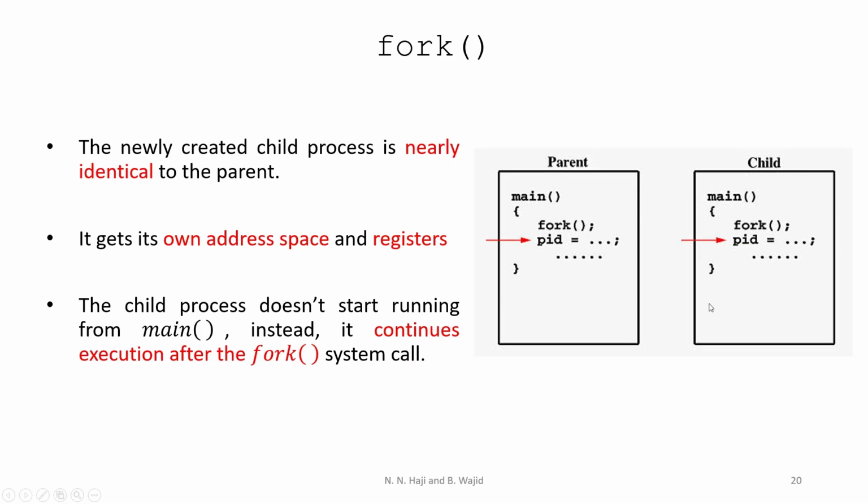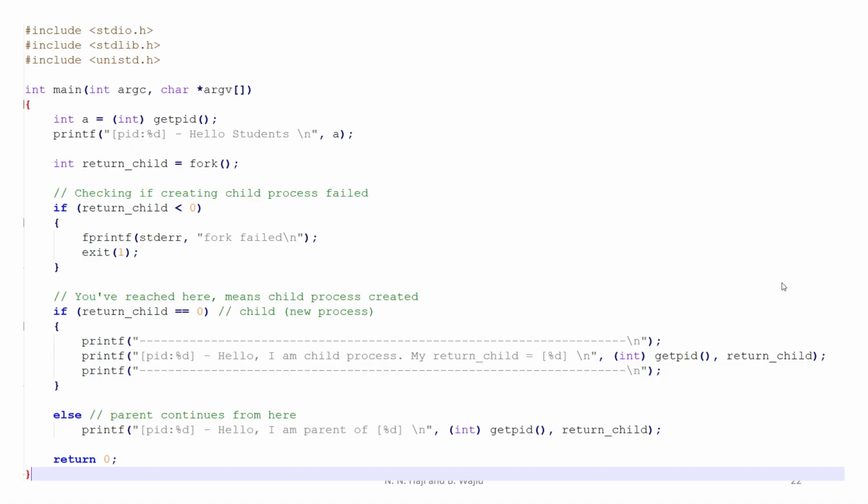The child execution starts after the fork, so the child did not execute the fork command. Because of that, the child's return child is 0, because it didn't create any children. That's why the return child equal to 0 is true for the child, but it is not true for the parent. For the parent, the return child is the value of the process ID of the child.